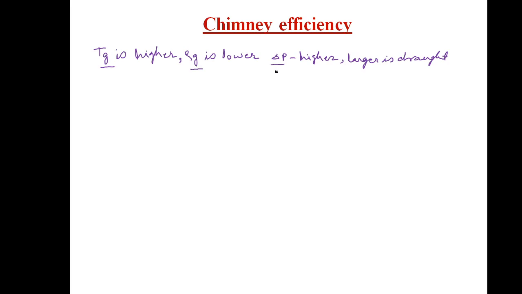combustion chamber. Therefore, in case of artificial draught, this temperature of hot gases does not play any role, because in case of artificial draught, the gases are blown out or removed with the help of a fan or blower, and there is a mechanical means which will create the flow of hot gases or air into the combustion chamber.